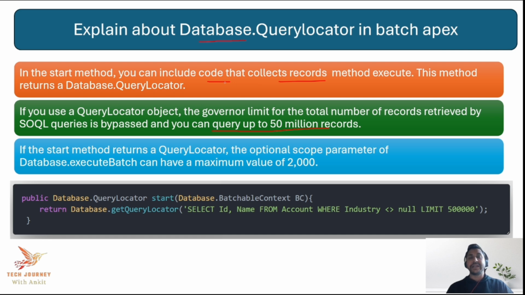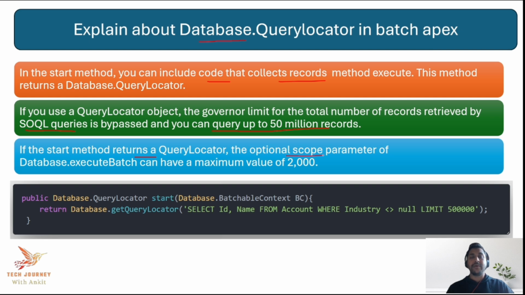Because by using this, you are bypassing the limit of the SOQL queries. You guys have to let me know in the comment section how many records we can fetch by using the SOQL query, right? And that limit we are bypassing by using the Database.QueryLocator.